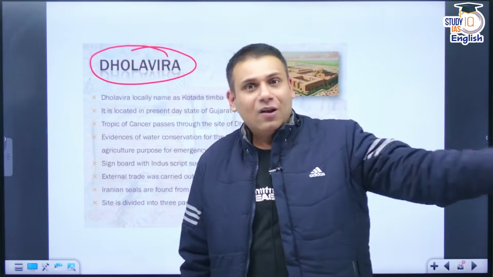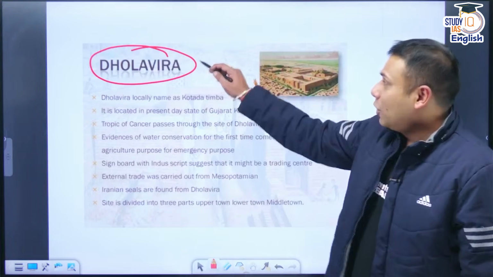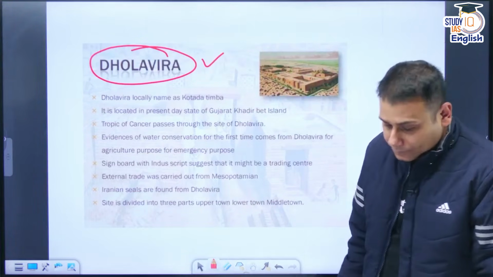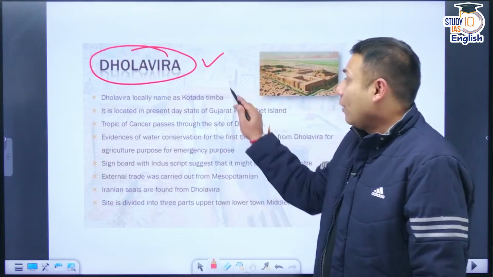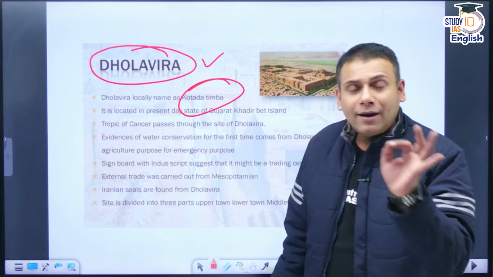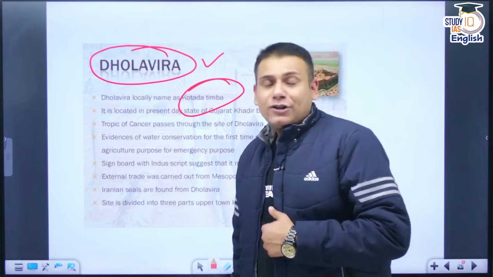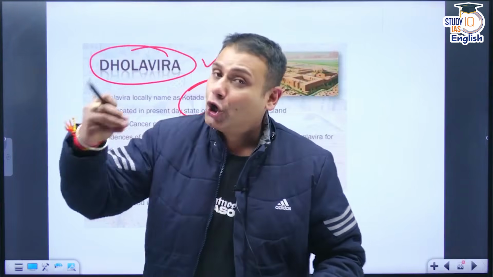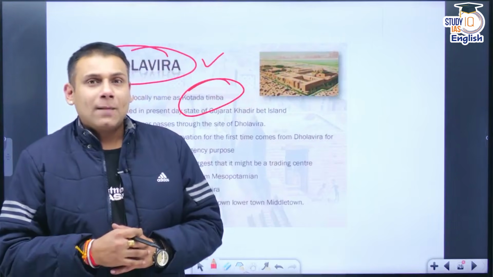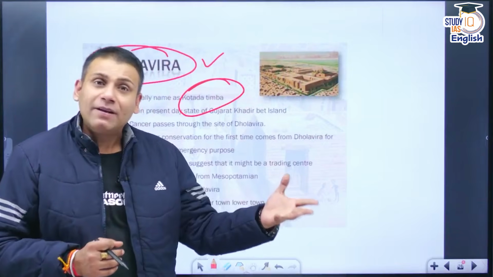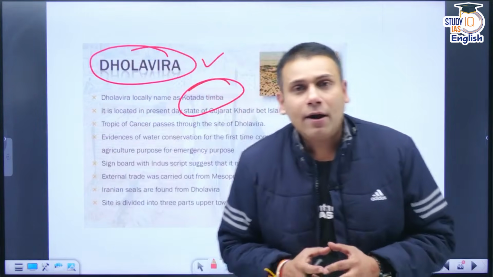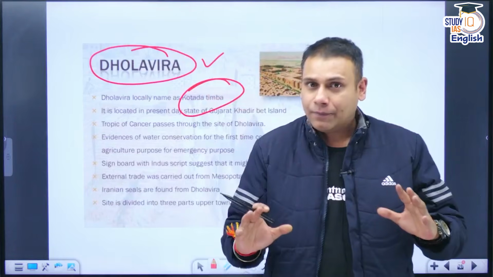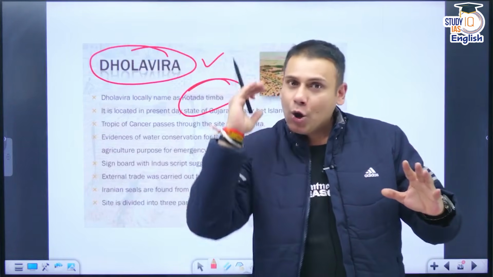Got it? So now let's understand about the site of Dholavira. In the local language, it is referred to as Kotada Timba. It is located on Khadirbet Island, Gujarat. As we have discussed previously, Indus Valley civilization cities are majorly divided into two parts, upper citadel and lower citadel.